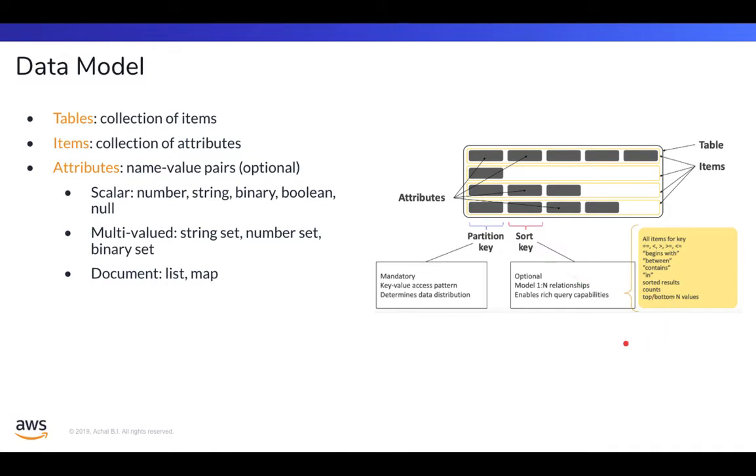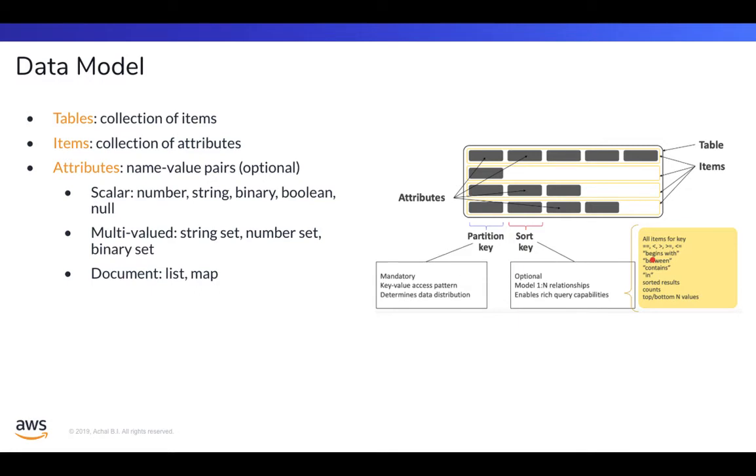We will see further. But at a very high level, when you add a key in a sort key, you could filter it, sort it, or retrieve it based on some filters.